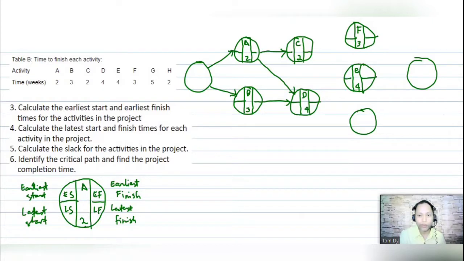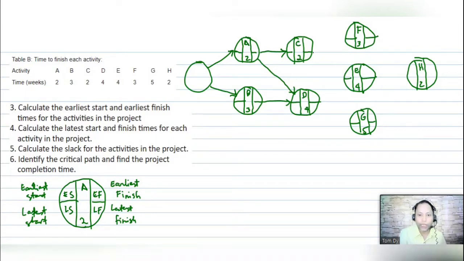And then we have here G, the duration for G is 5. And then we have here H, which is 2.